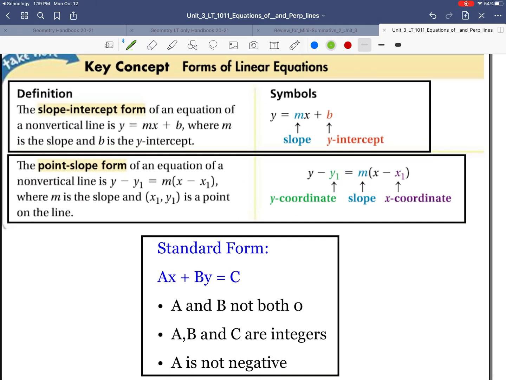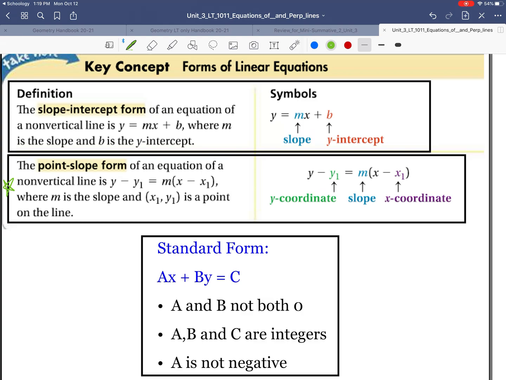Equations of lines. So you remember slope-intercept form, y equals mx plus b. You've dealt with that in Algebra 1. M is your slope, b is your y-intercept. There's something called point-slope form, and if you're in honors, you're going to want to really listen to this because point-slope form will set you up very nicely for honors pre-calc when you take that.